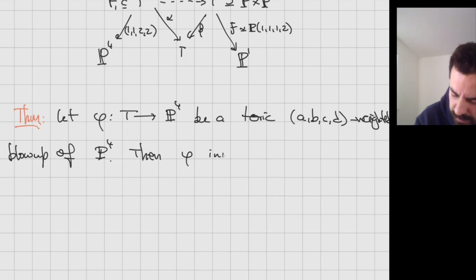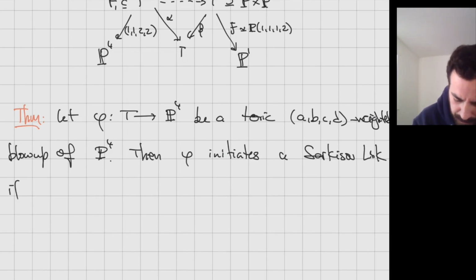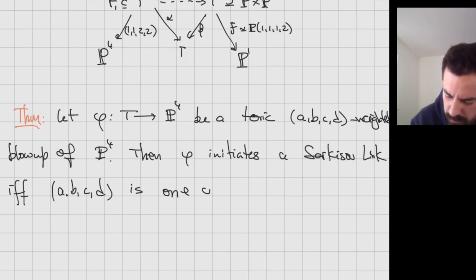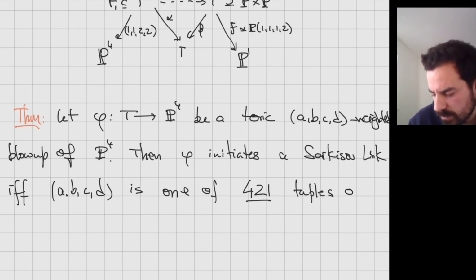Then phi initiates a Sarkisov link if and only if A, B, C, D is one of 421 tuples up to permutation.